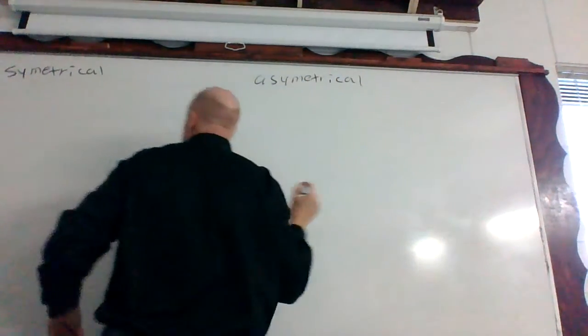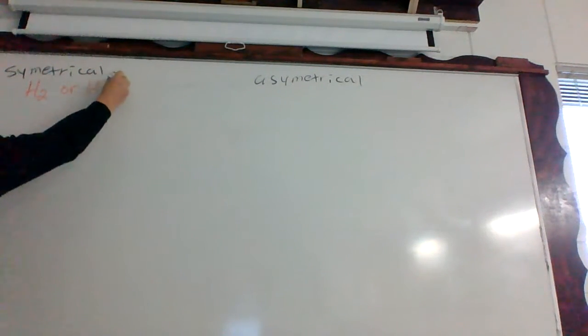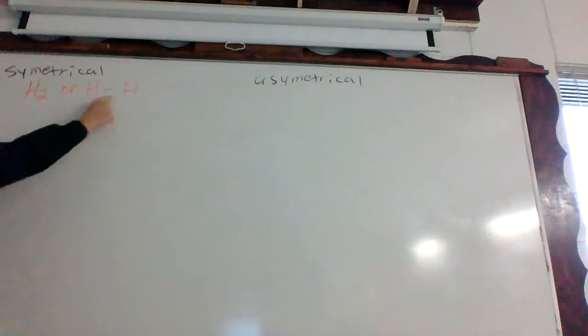So these are reagents that we're referring to. Give me an example of the symmetrical reagents. There's about 5 you could give. Remember, that's the same on both sides because it has symmetry. That's one. So again, you could write H2 or H to H. It's the same on both sides.